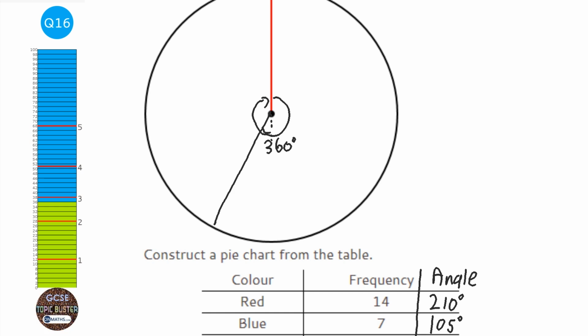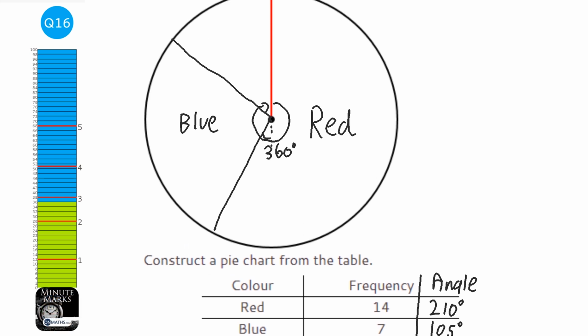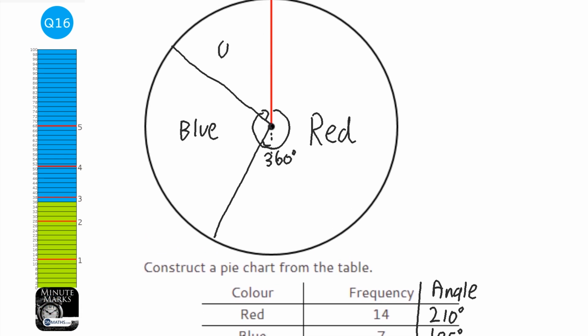And don't forget to label them, so that would be red. 105 is just over 90, and I'm just doing this roughly. I'm not even going to use a straight line to show that it's not accurate. And then label that blue, and then check that you've got 45 left over, and hopefully you do, and then label that other.